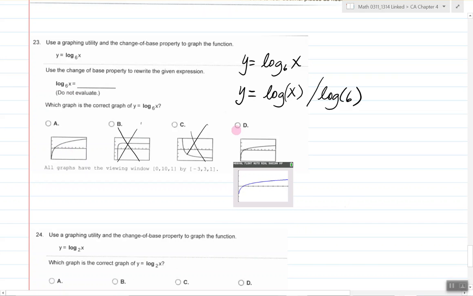It does not look like that one, so my choice is D. So I recommend that you set your window there so that you can do it. And by the way, it's not in the y equals, but they're just having you practice log of x divided by log of 6. And it should be okay if you chose to use natural logarithms.